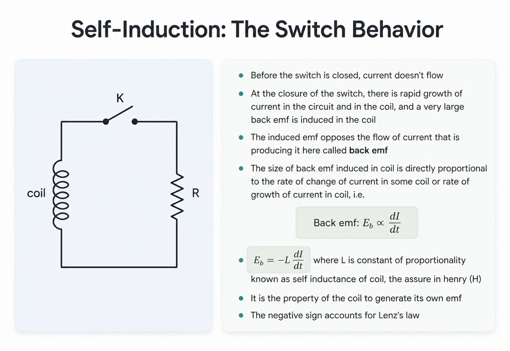The magnitude of this back EMF is directly proportional to how fast the current is changing. Mathematically, we write this as EB = -L dI/dt, where L is the self-inductance measured in henries. The negative sign reflects Lenz's law. The induced EMF always opposes the change causing it. Self-inductance is simply the coil's ability to generate its own EMF when current through it changes.